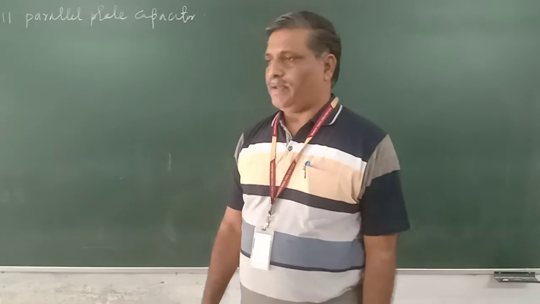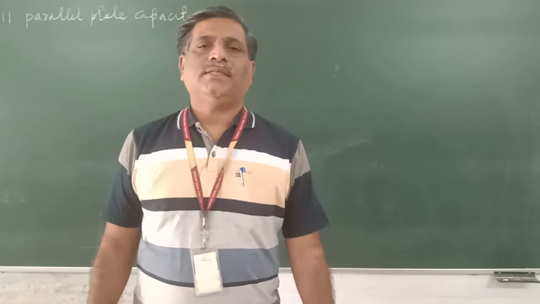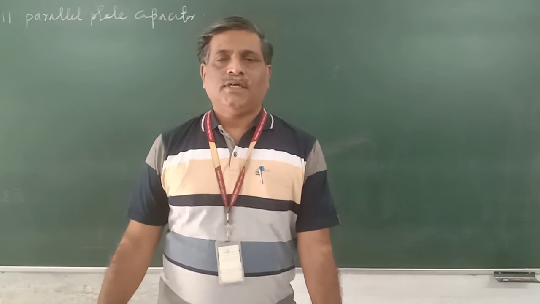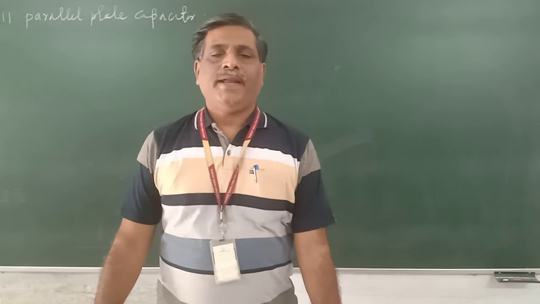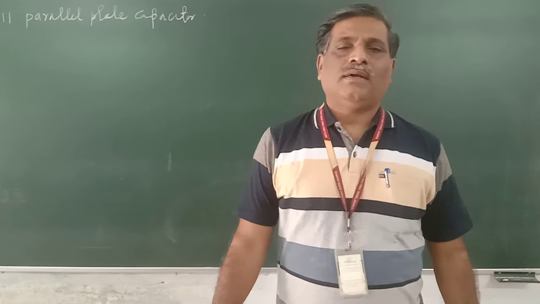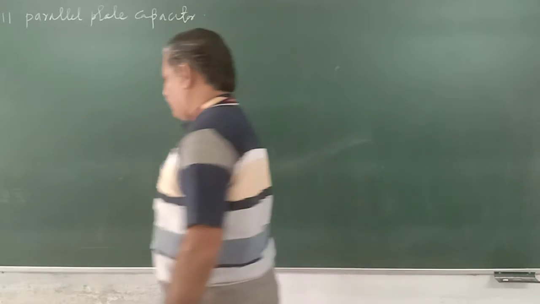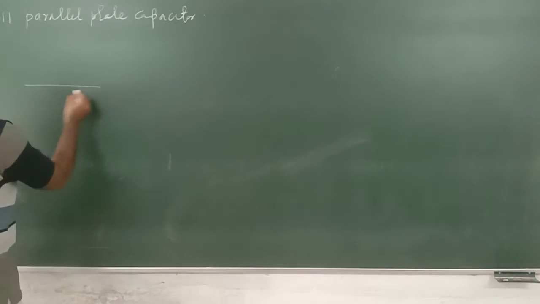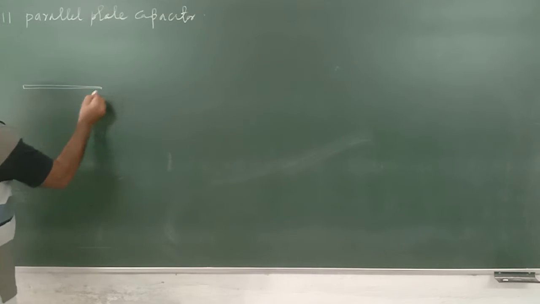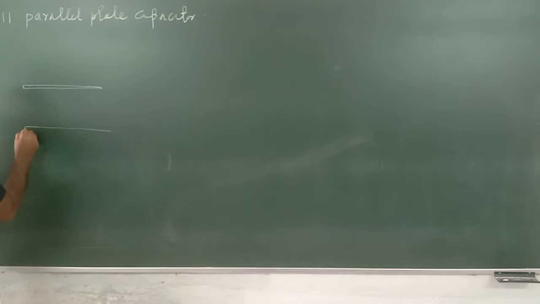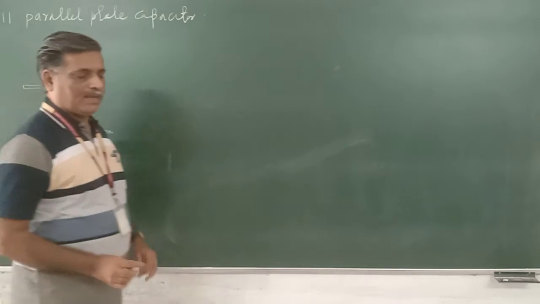Once again, a parallel plate capacitor consists of two large plane parallel conducting plates separated by some distance. This is one plate, this is another plate, and they are separated by some distance.